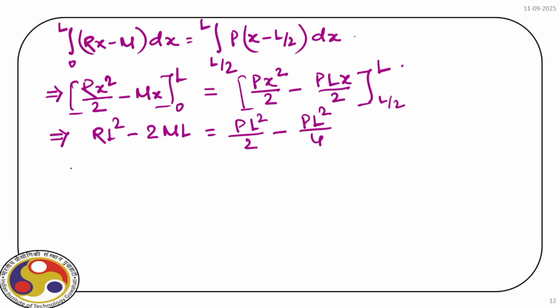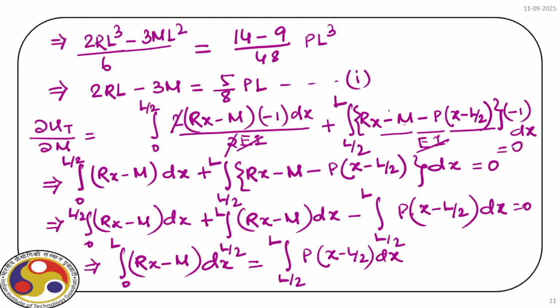So from this expression, we can develop the second equation, which is RL minus twice M is equal to PL by 4. So that is the second equation.